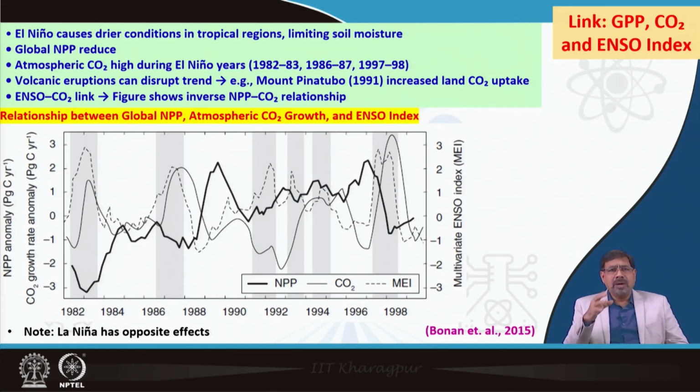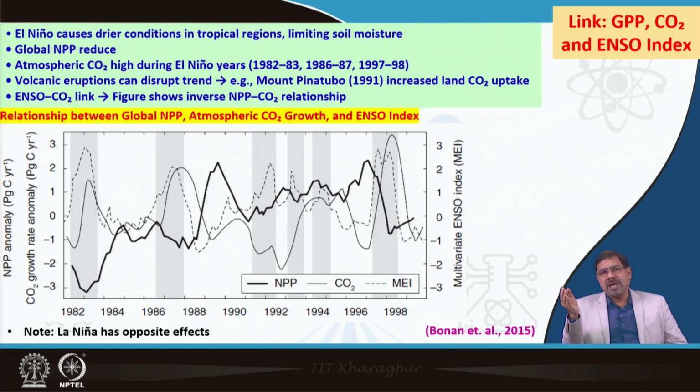And friends, what this diagram very well depicts is, on the y axis, the NPP anomaly in terms of petagrams of carbon per year, and also the carbon dioxide growth rate anomaly, the unit being petagrams of carbon per year, as we know.